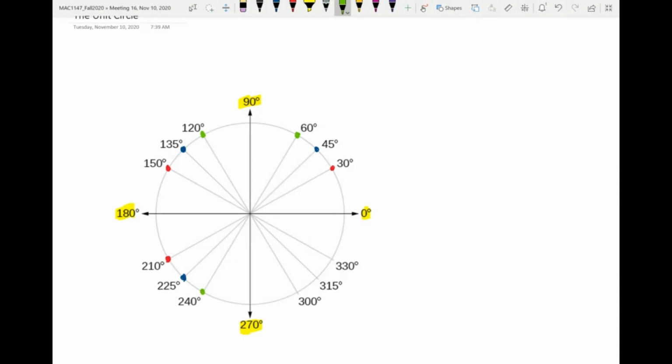Now, in a similar way, quadrant 4, you can match it with those of quadrant 2. So the quadrant 4 angles are going to have the same reference angles as the corresponding ones in quadrant 2. So that means this is green, this is blue, and this is red. And then you can verify that indeed the reference angle of 330 is going to be 30, 315 is 45, and 300 is 60. Are you okay with this so far?